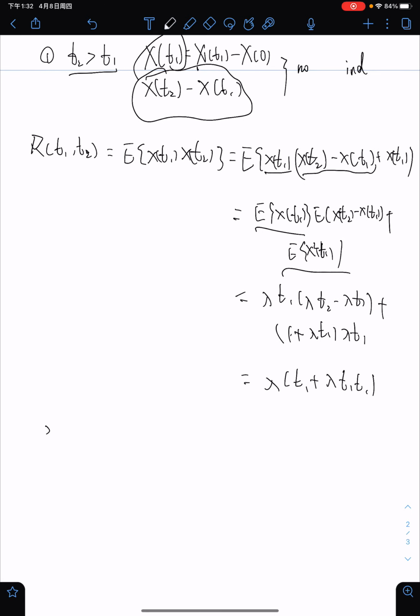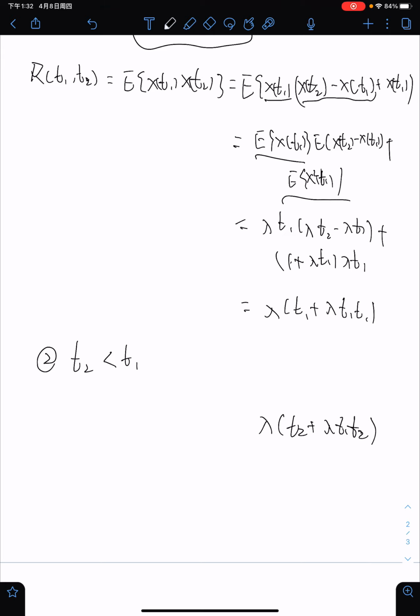The second situation, t2 is less than t1. In fact, we just exchange t1 and t2. The result is lambda times t2 plus lambda squared t1 t2.